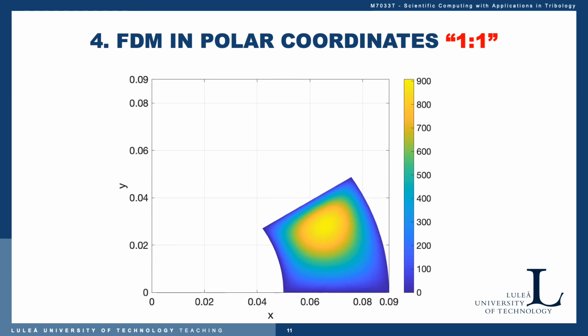Now, keeping this 1-to-1 aspect ratio, I have put these quotation marks here because of course it's not 1-to-1, but it's nearly, it's not so way off even at this scale.